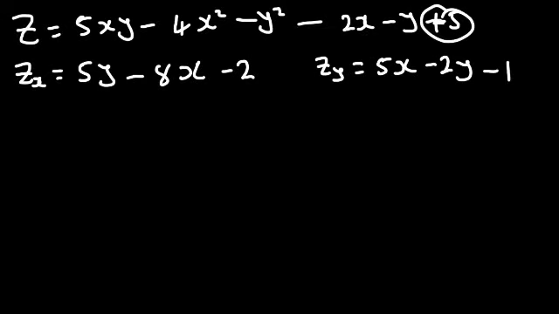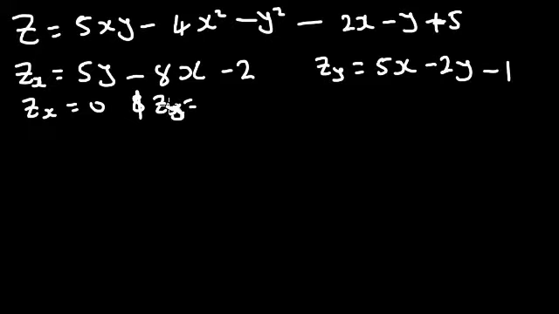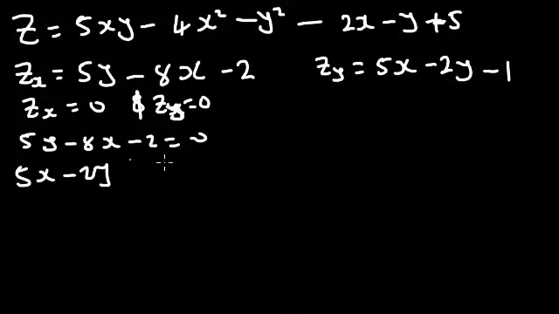And this is also gone, 0. Now we have the two of them. We need to set each of them to 0. Thus, we have 5y minus 8x minus 2 equals 0 and 5x minus 2y minus 1 equals 0.